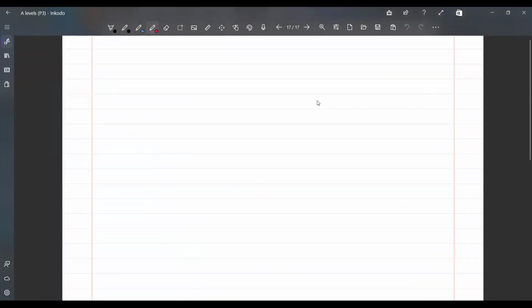So we have, let's say, 3 sine square x minus 4 cos x is equal to 0. Now notice that sine square x can be converted.